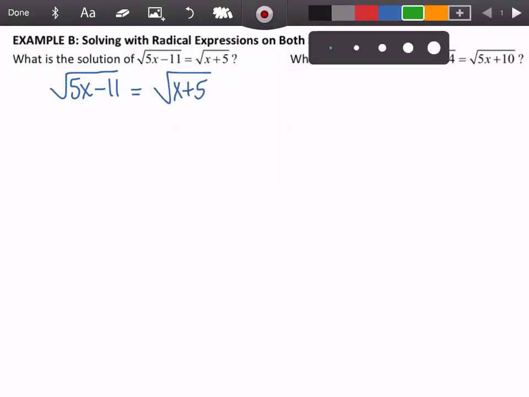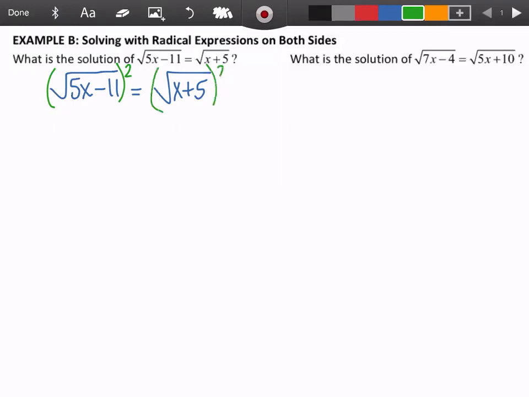Just like we did in the previous video, to get rid of the square root sign, we're going to raise that to an exponent of 2. We're going to square both sides of the equation. Remember that when you raise a square root to an exponent of 2, the exponent of 2 undoes the square root sign.